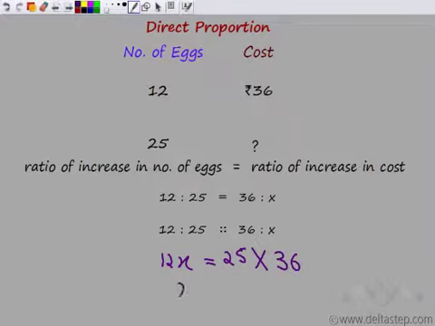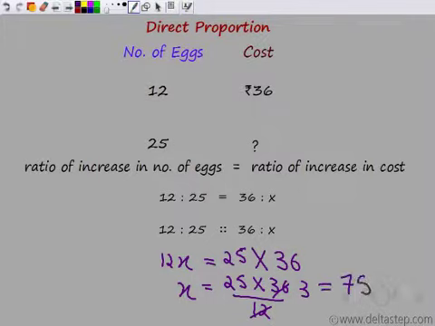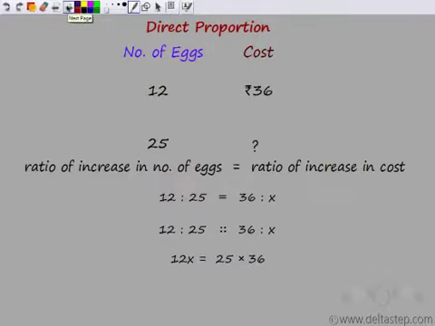From here I can find x, which would be 25 times 36 divided by 12. Now 12 3s are 36, so this gives me 25 times 3, which is equal to 75. So 12x would be the product of means, which is 25 into 36.